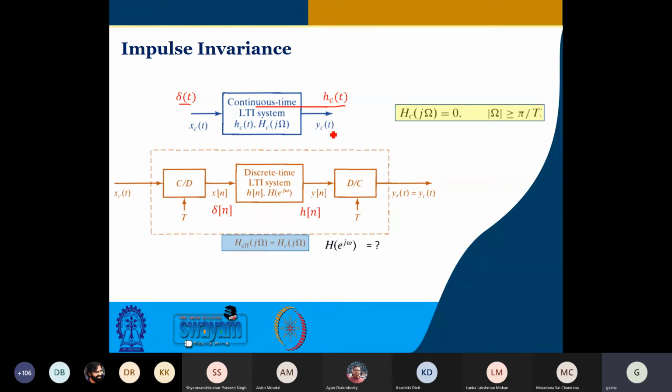And of course, we are looking at the corresponding continuous time frequency response of this system, which is band limited. Band limited means that there is no frequency component beyond half of the sampling frequency we are going to use in future for the equivalent DSP system. So that is the assumption.